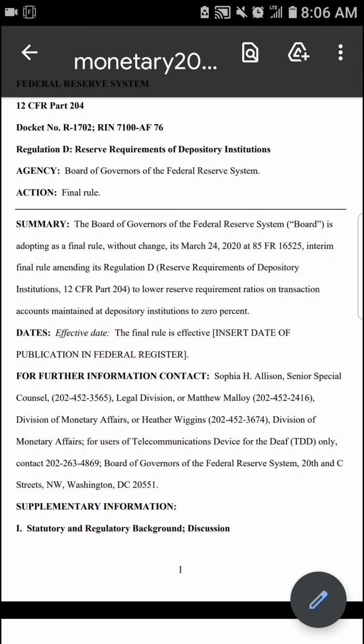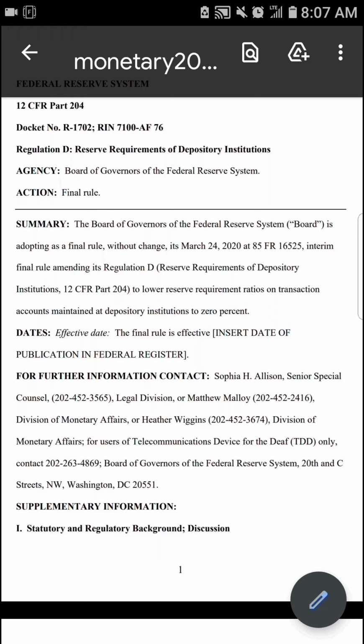Summary. The Board of Governors of the Federal Reserve System is adopting as a final rule, without change, its March 24, 2020 interim final rule amending its Regulation D reserve requirement of depository institutions to lower reserve requirement ratios on transaction accounts maintained at depository institutions to 0%.